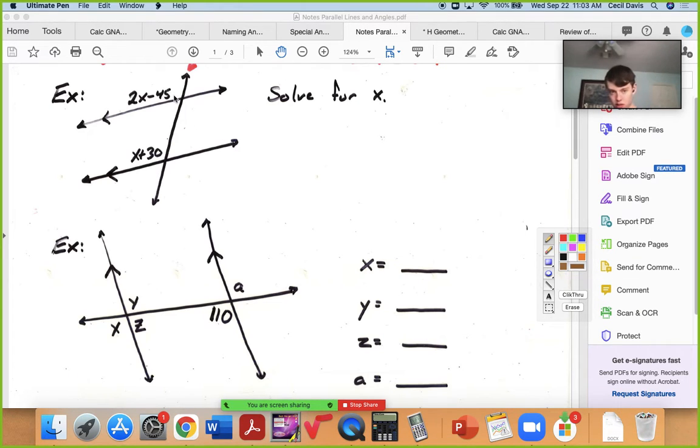What kind of angles are the 2x minus 45 and the x plus 30? Corresponding. They're corresponding angles. Are the lines that make those two angles parallel to each other? Yes. So they are congruent, so their measures are equal. So 2x minus 45 is going to be equal to x plus 30.